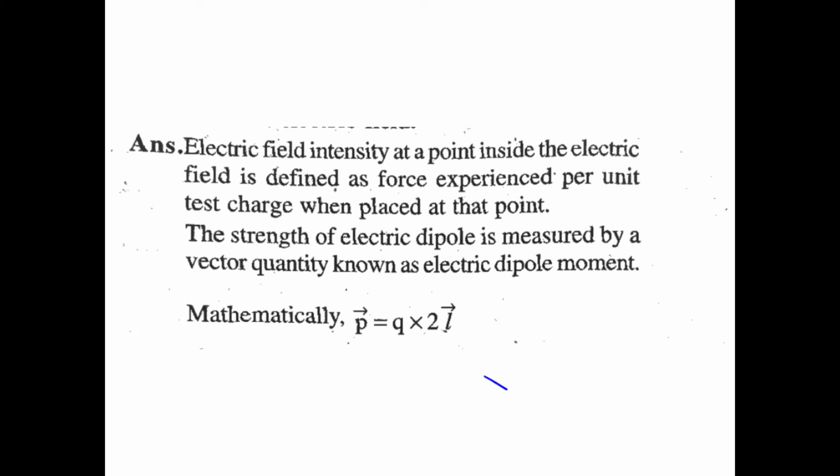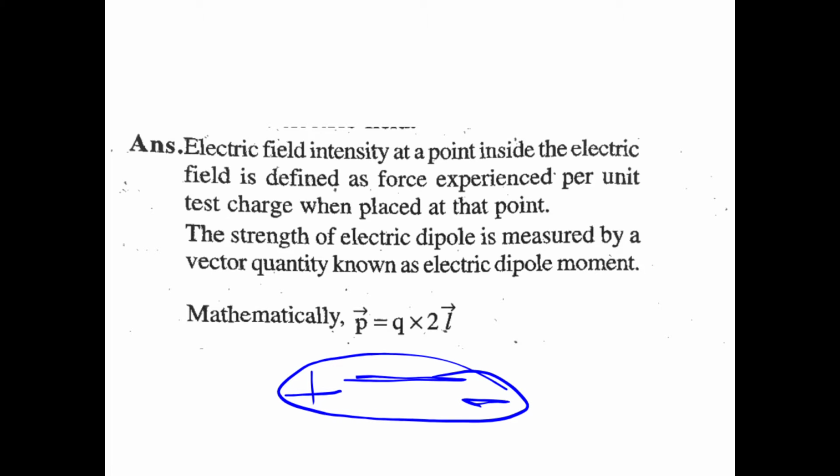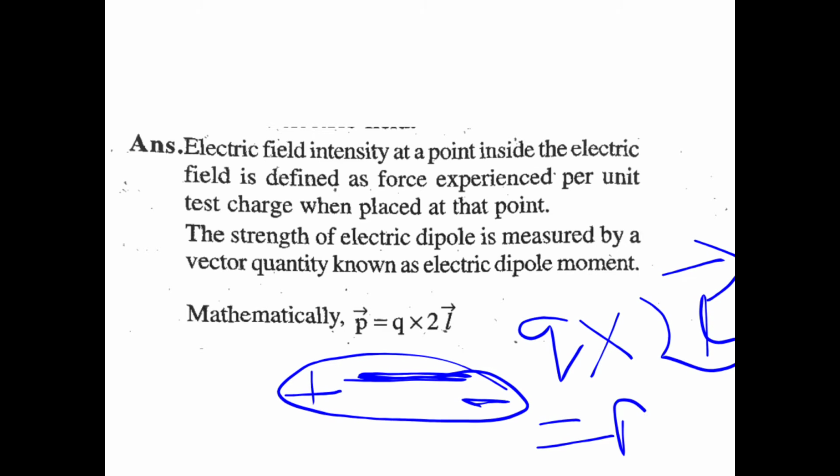In a dipole, there is one positive charge, one negative charge, and some distance between them. So the product of either charge Q into the distance vector 2L vector becomes P vector, that is the electric dipole moment vector.